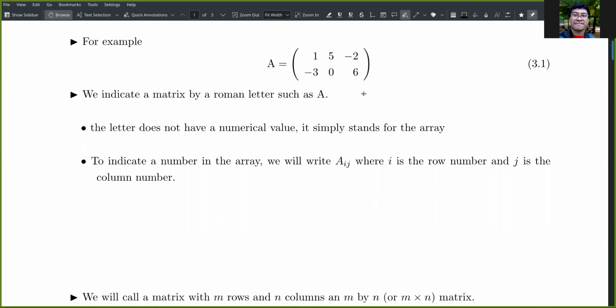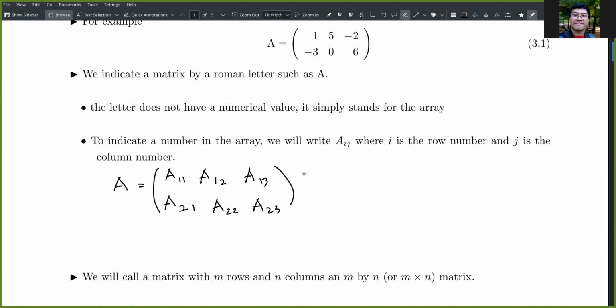So if you want to write A in terms of indices, you have A equals A11 for row 1, column 1, A12, row 1, column 2, A13, row 1, column 3, A21, row 2, column 1, A22, row 2, column 2, and A23.